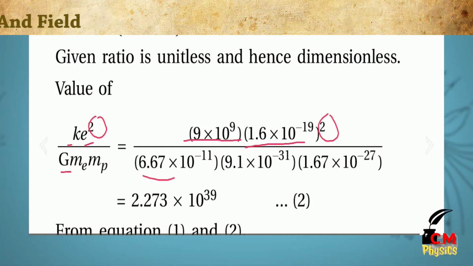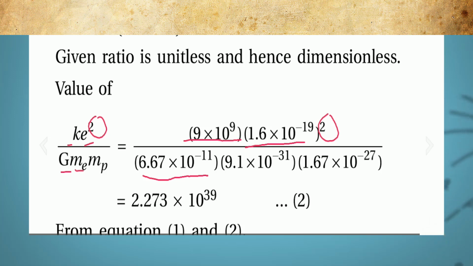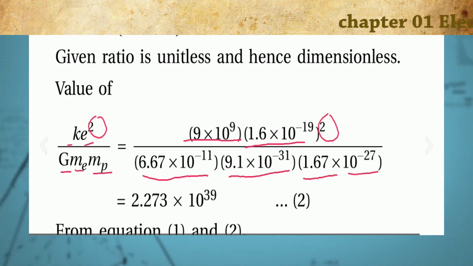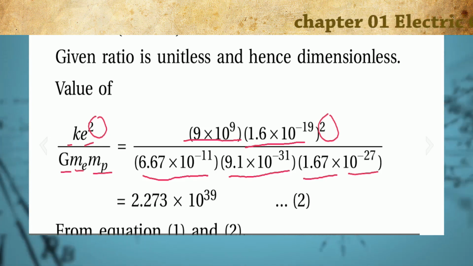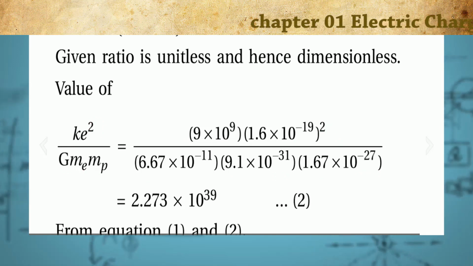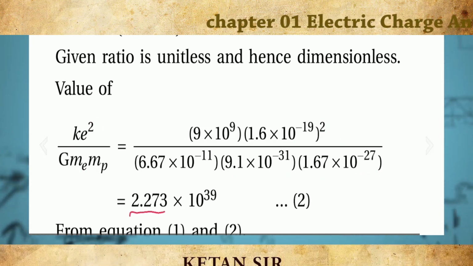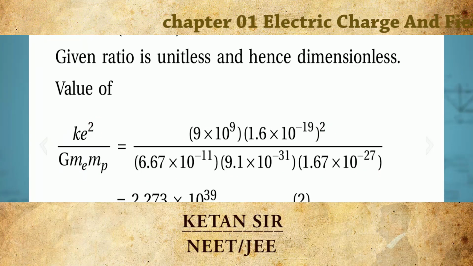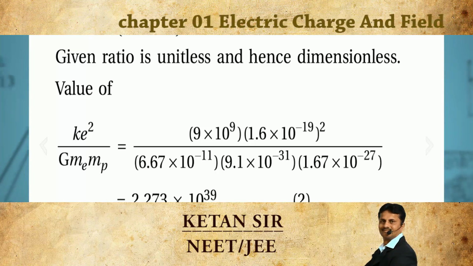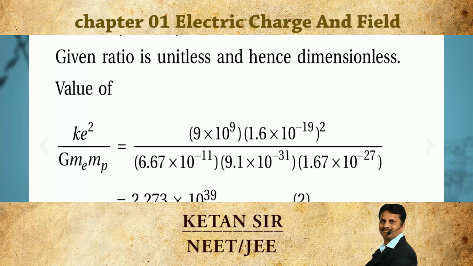Value of G is 6.67 into 10 raised to minus 11. Mass of the electron is 9.1 into 10 raised to minus 31. Mass of proton is 1.67 into 10 raised to minus 27. After putting in the calculations, we get the answer 2.273 into 10 raised to 39.